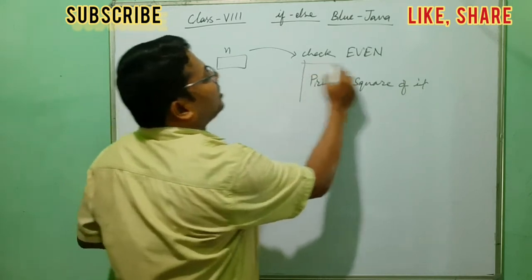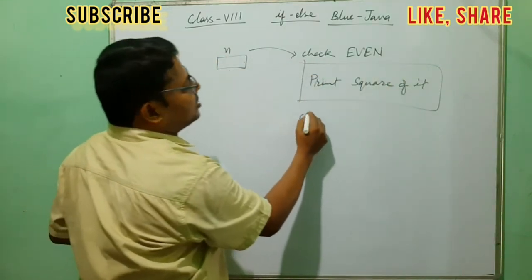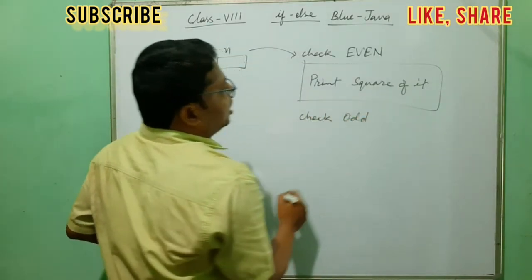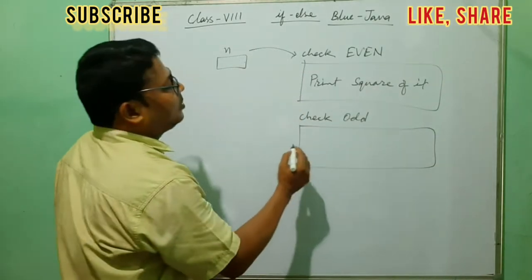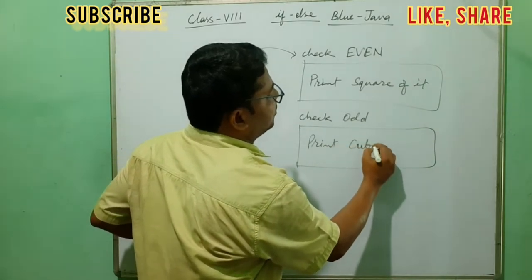And when it is false, check odd; when it is odd, then print the cube of it.